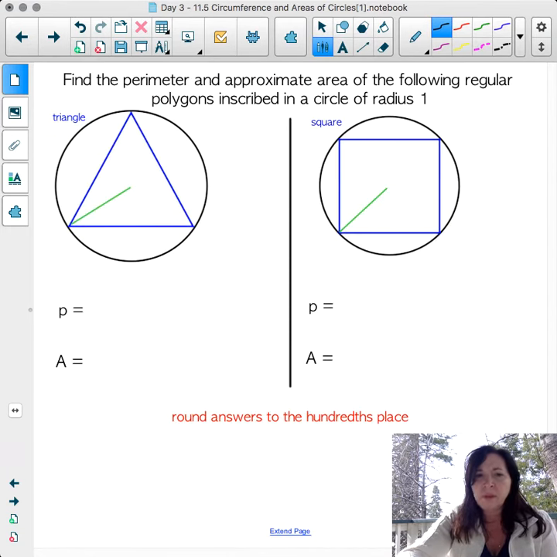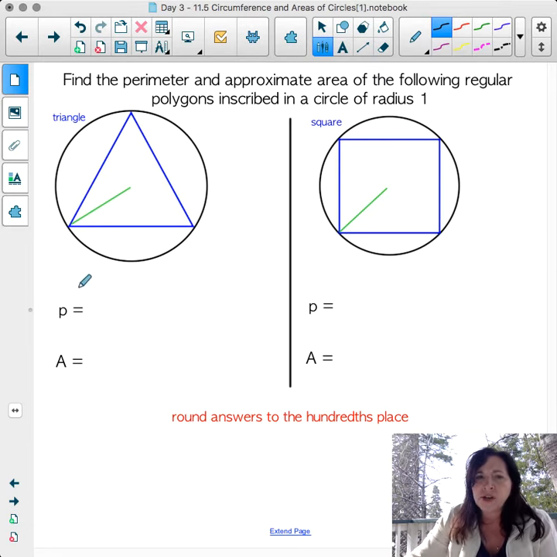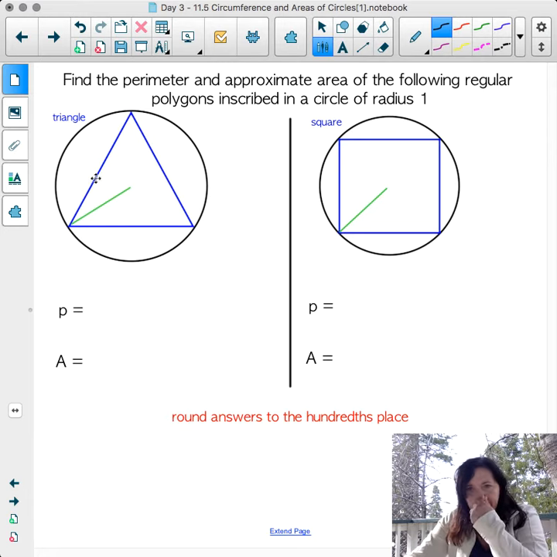So for this problem right here, we have 2 problems. We're trying to find the perimeter and the area for the following regular polygon. So I actually could use my 1/2 ans if I wanted to, or I could use the triangle formula. So we know that this is a regular polygon.